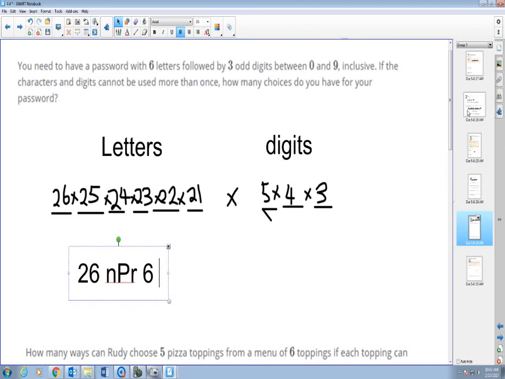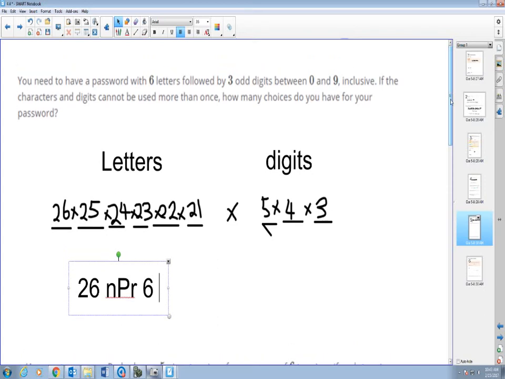Just like meeting the 7 people, once you say hello to one, you're not going to go back again. So that eventually becomes a factorial problem or a permutation problem. They're all very much related in a way. Times 5 odd digits to choose from using permutation again, choosing 3 of them.